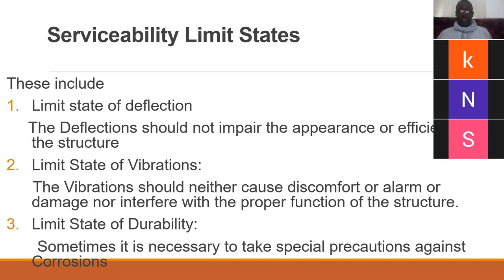Corrosion weakens steel, and by so doing, it reduces the lifespan of the structure. Therefore, you have to ensure that special precautions or special treatment against corrosion are taken into account when you design that particular structural steel. By so doing, you shall fulfill the requirement for durability.